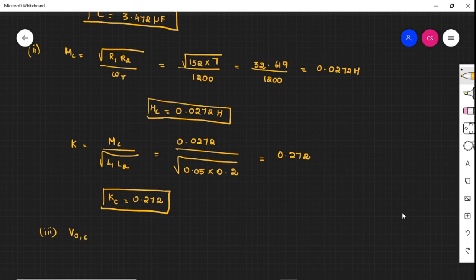And the last part of the problem, we are asked to find the output voltage at the critical value. So we write V0c dash is equal to, the formula is given by the input voltage divided by 2 into omega R C into root of R1 into R2. This is the formula to calculate the output voltage.